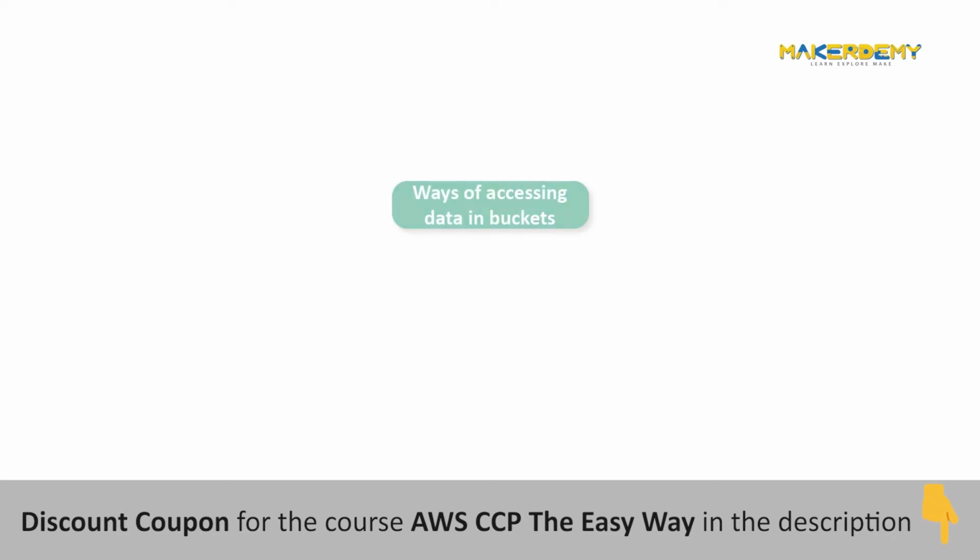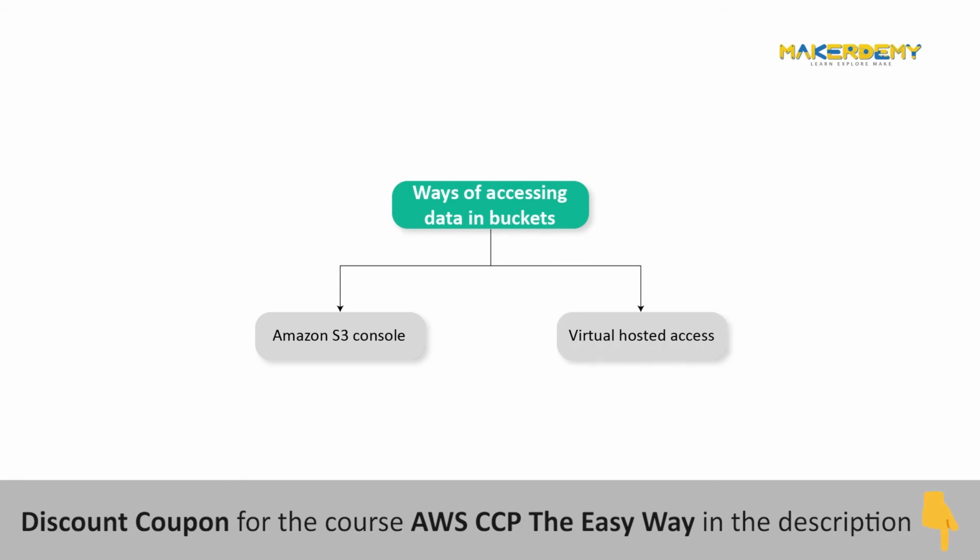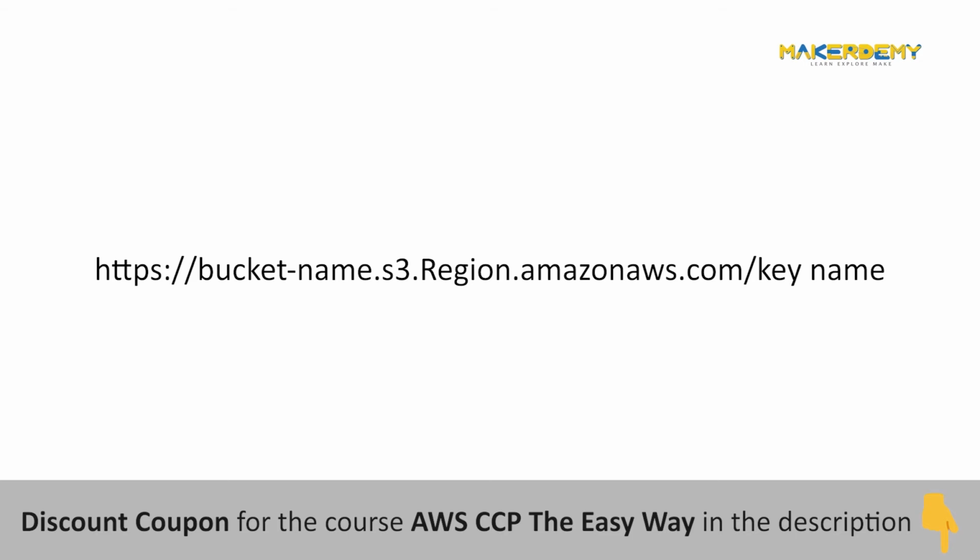Now let's look at the different ways of accessing the data stored in buckets. Using the Amazon S3 console. Virtual hosted style access: the bucket name is part of the domain name in the URL. Amazon S3 virtual hosted style URLs follow the format shown.